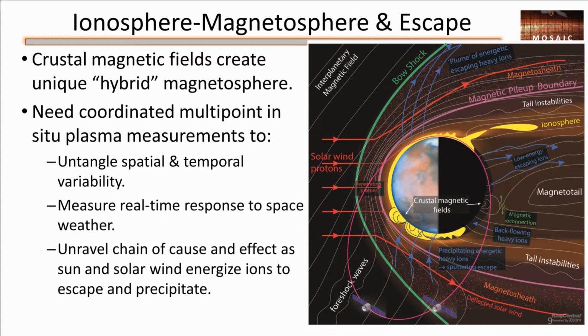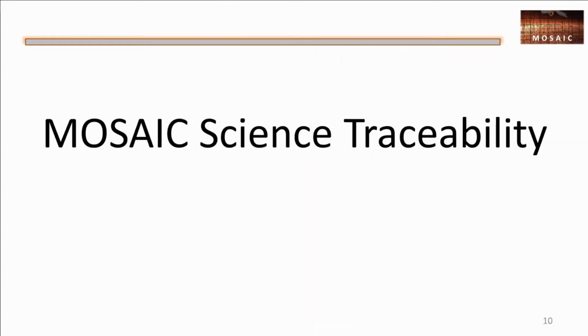And then also to unravel the chain of cause and effect as solar UV and the solar wind energizes ions to escape and precipitate. So that's the science motivation for MOSAIC.